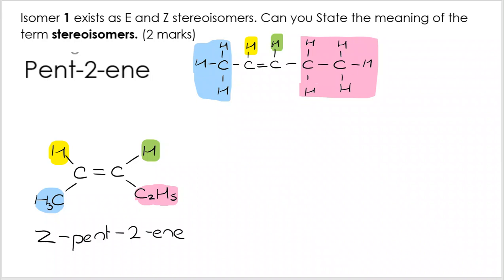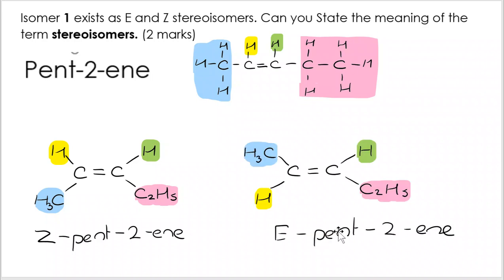So how would we go about drawing E pent-2-ene? Well, you can see here that I've kept my H in the same position, I've kept my C2H5 in the same position, but I've swapped the position of the H and CH3. I could just as easily have swapped my green and pink groups instead.